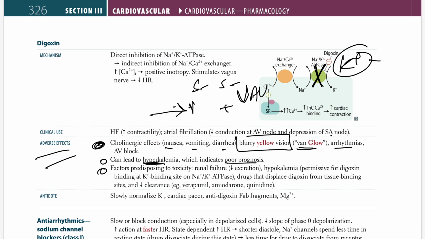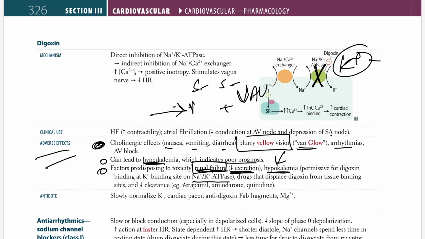Factors predisposing to toxicity are renal failure, because it decreases excretion of the drug. Digoxin is excreted via the kidney, so if there's kidney failure, there's decreased excretion. Hypokalemia is also permissive for digoxin binding at the potassium binding sites on the sodium potassium ATPase.